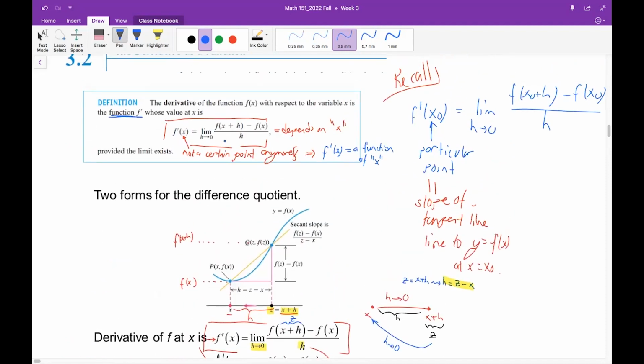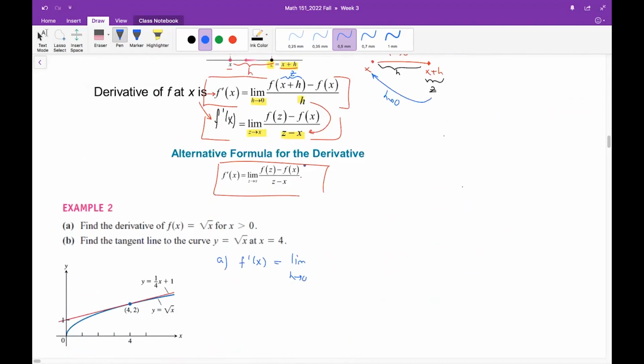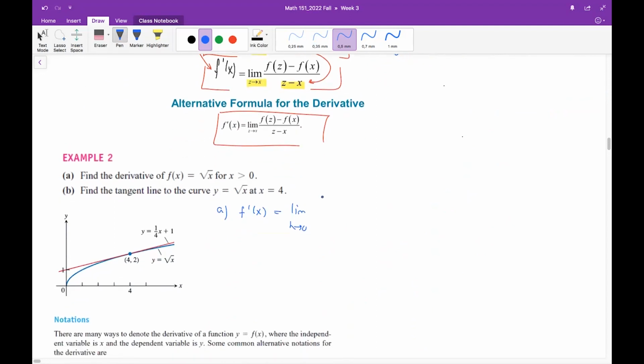So I prefer to use this version of it. It is also possible to write in this version. So this is what this is: f of x plus h minus f of x divided by h, and h goes to 0 in the limit. So let's compute this limit. Our function is a certain function, you see, square root of x. How do you evaluate f at x plus h?